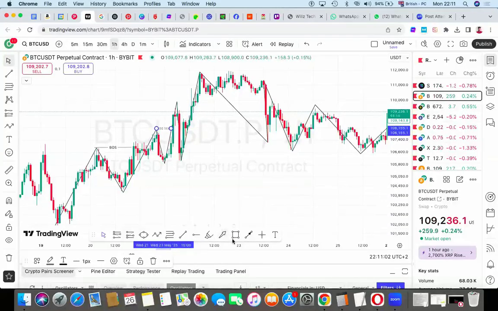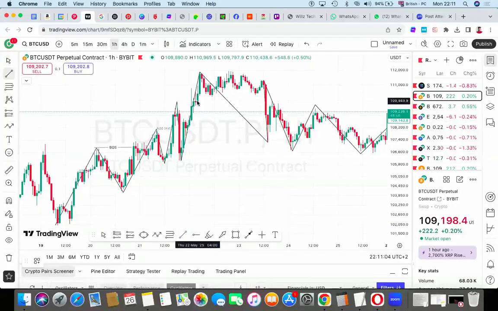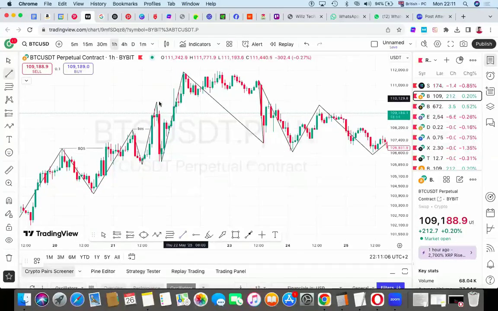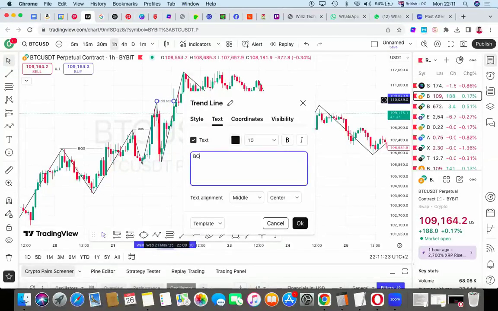All right, so we have another structure broken to the upside, creating a new high. So we have a BOS again.